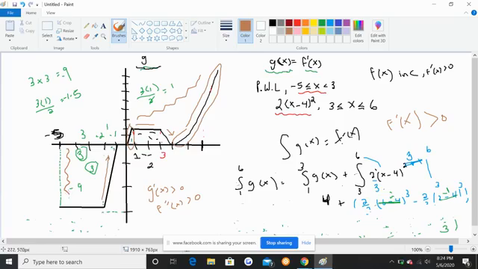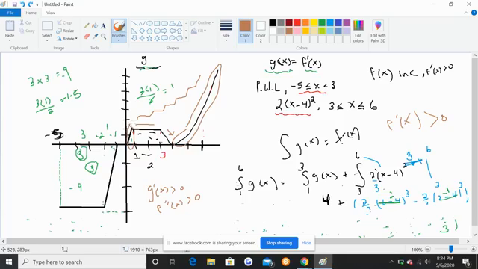So the function f of x would not be increasing. Therefore, you can't say it's both increasing and concave up. Here it's increasing, obviously, because the graph of g of x, which is the derivative of f of x, is positive. And it's also concave up because the second derivative, or the slope of g of x, is increasing.